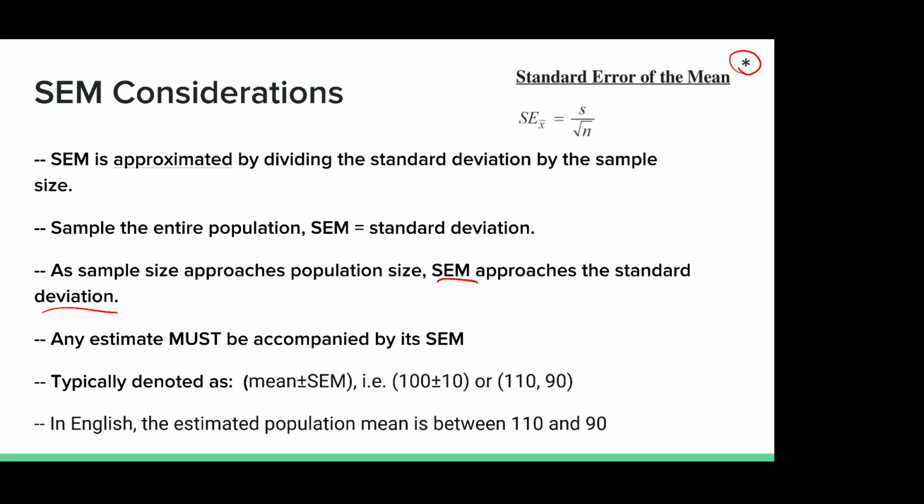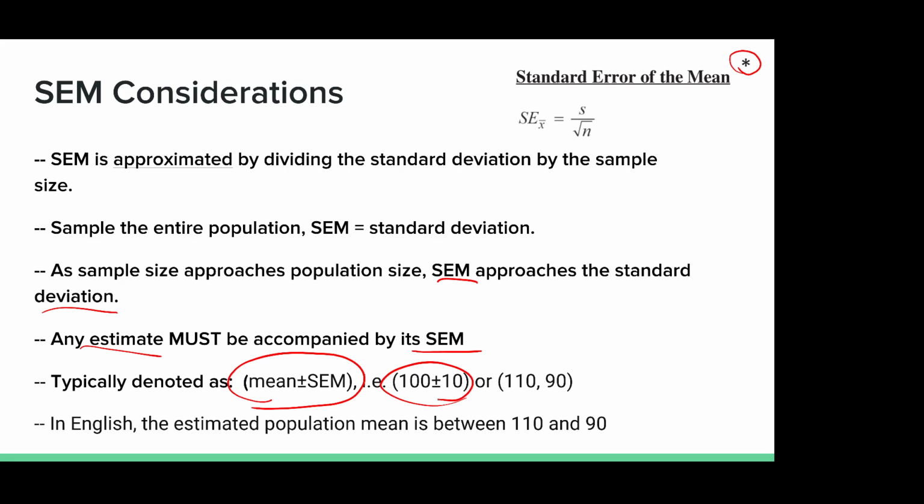So the crucial thing for you, the test taker, is that you should know that any estimate, any population estimate, must be accompanied by its SEM. Typically, we see it as, the next line there, mean plus minus SEM, which would be 100 plus minus 10.